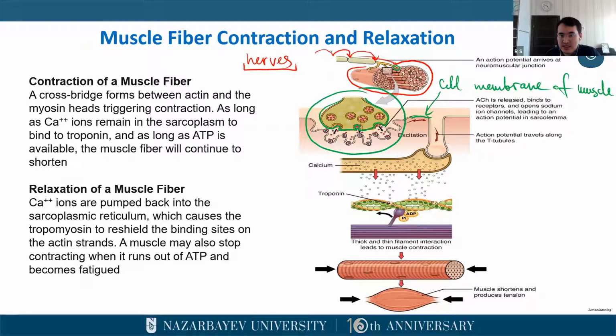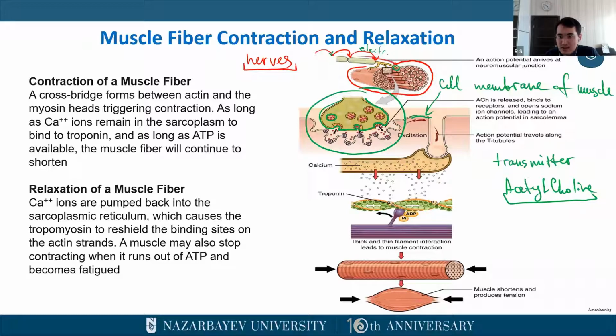And whenever it receives the signal from the brain, so this is electricity, and this signal kind of releases the special molecules, which are called neurotransmitters. So in this case, we have a transmitter called acetylcholine.